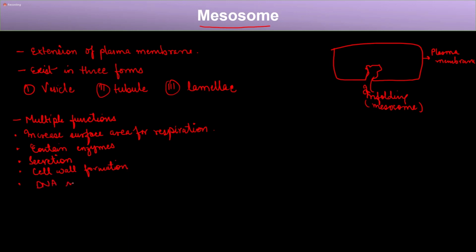So it also consists of enzymes that help in DNA replication and cell division. So mesosomes perform multiple functions: they increase the surface area for respiration, contain enzymes, have a role in secretion or sending something out of the cell, and contain enzymes for cell wall formation, DNA replication, and cell division.